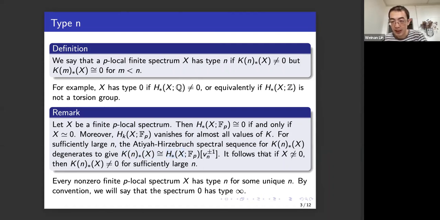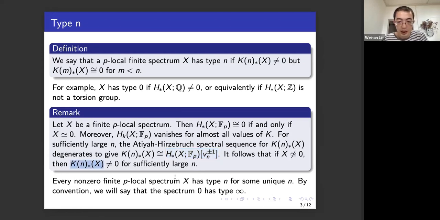And it follows that if X is a non-trivial p-local spectrum, then K_n X is not trivial, because this is not trivial. Therefore, the polynomial ring is not trivial. So it means that if X is not trivial, then you can find some big n such that K_n X is not 0.